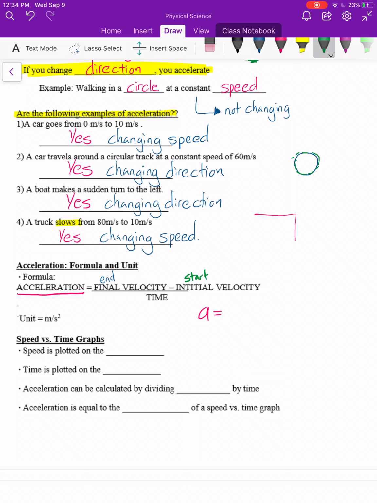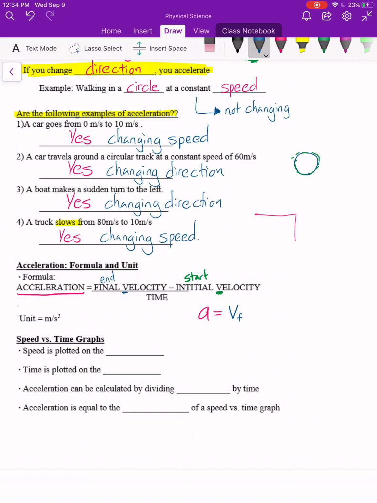All right, and let's use, I say we use the letter V for velocity. Don't you think? I think that's easy. All right. And since we call it final and initial, we're just going to use the little letters to represent that, okay? So acceleration is equal to final velocity. So this is the velocity when you are at the end, or the final velocity.